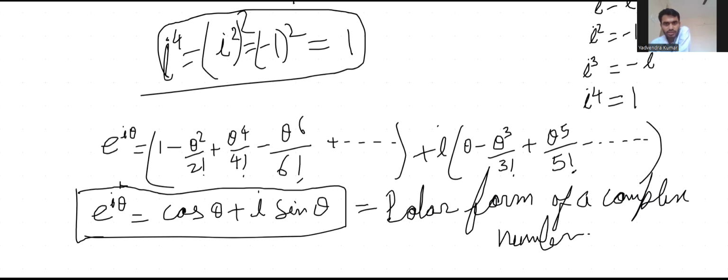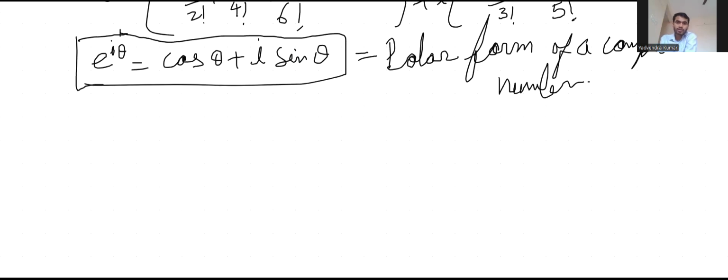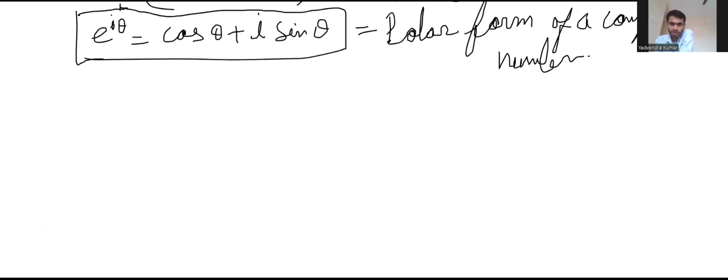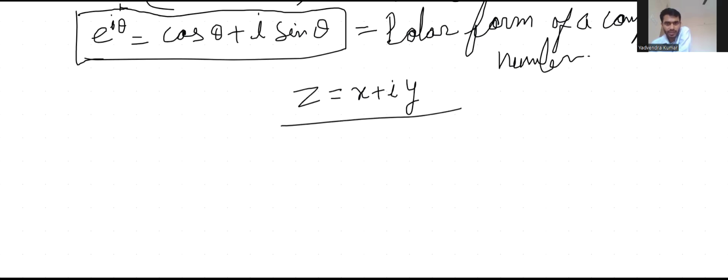Then the question arises how we are going to convert from Cartesian form to polar form. I have not said what the Cartesian form is. It is the simple one that we learn initially, z is equal to x plus iota y. So this complex number z is in Cartesian form. Now this can also be written as modulus of z times e to the power iota theta. Now this is the polar form. So what is this z going to be?